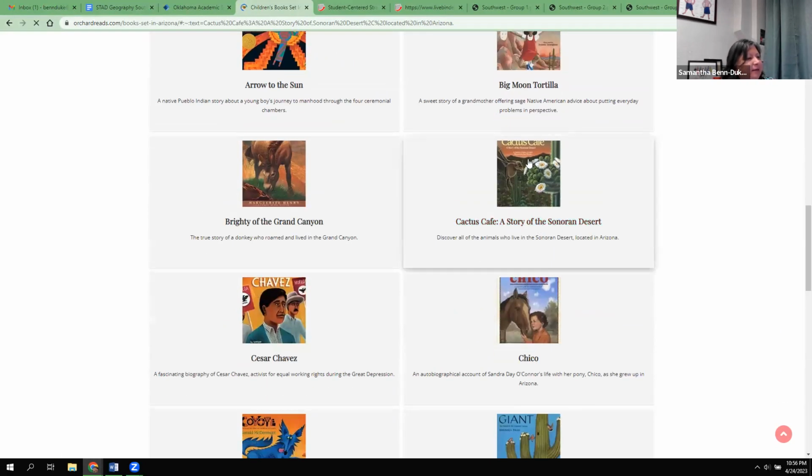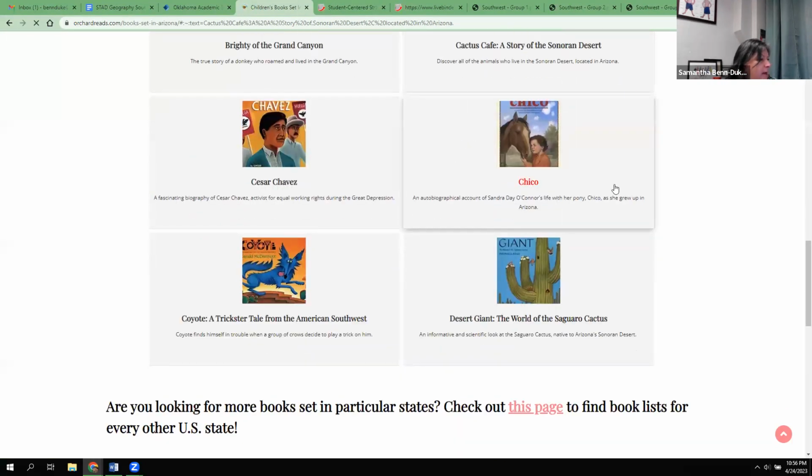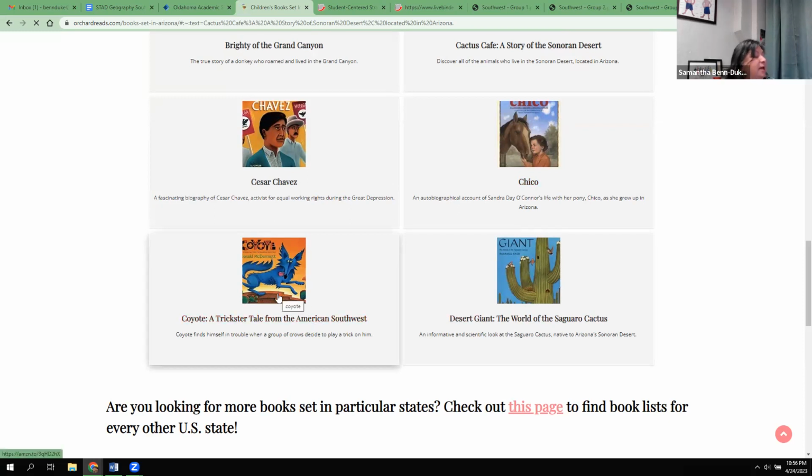That's a very similar story to what we would have just read about the Cactus Hotel. This one is also similar, Coyote, a Trickster Tale from the American Southwest. That might be a fun one to use too, because it has the Southwest animals in there.